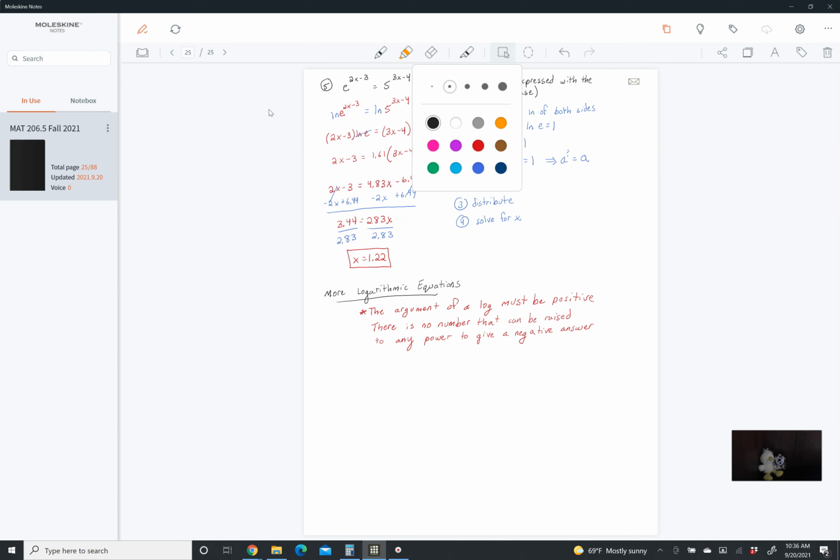So our first example is log base 2 of 3x plus 4 is equal to log base 2 of 8x minus 2. And to solve this equation, we're going to use that very last property of logarithms that says if the bases are equal, the arguments are equal.